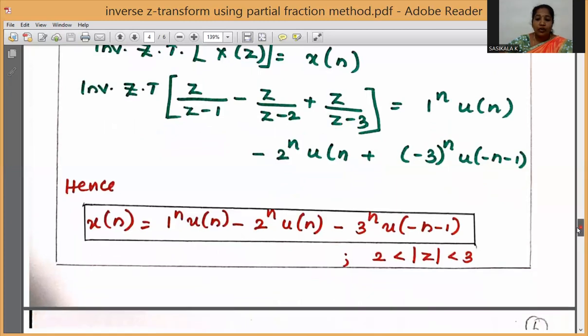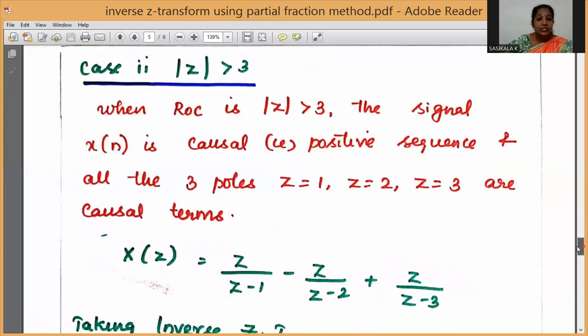This is for this ROC. The case 2, |z| greater than 3. So already I've told you, whenever |z| is greater than some value, then that signal is termed as a causal sequence or positive sequence. Okay, so here the ROC is |z| greater than 3.